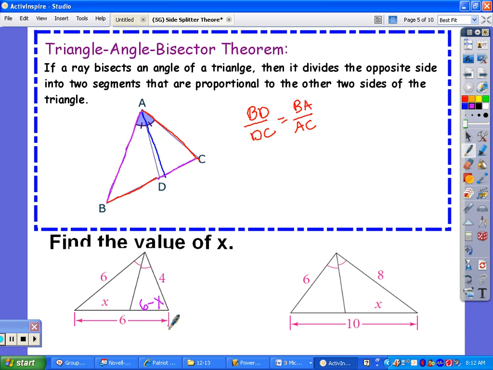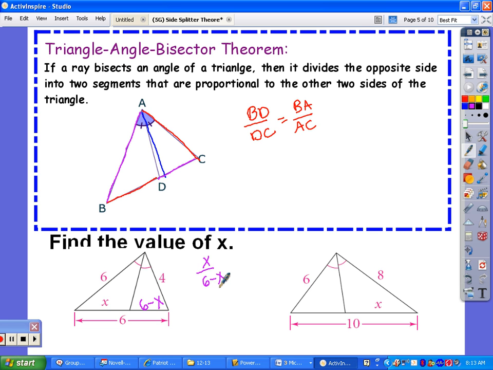Whatever x is, like if x was 3, to find the other piece we would do 6 minus 3. If x was 4, we would do 6 minus 4. So this piece we're going to call 6 minus x. And now we're going to set up a proportion. We're going to put the two parts of the triangle that are created by the angle bisector, which is x and 6 minus x.